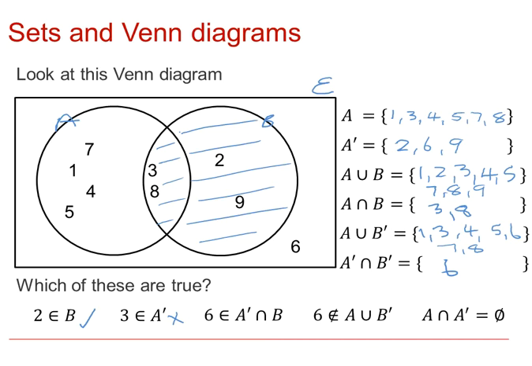Well, A not would have the 6 in, but the 6 does not lie in B, therefore there is no overlap between A not and B that includes a 6, so that's a no. See that 6 actually is in A union B not, so that statement is false, and A intersecting with A not would indeed be empty.